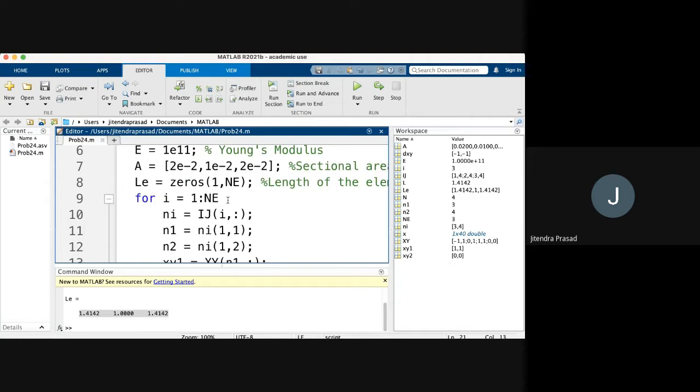Remember, we can also have some angle calculated here, right? For every element, what is the angle that we can find out by calculating the length.